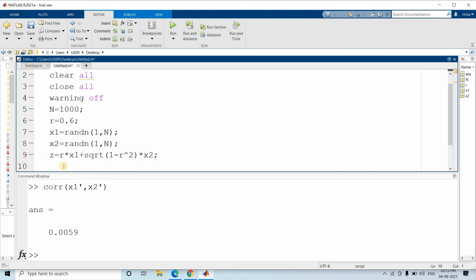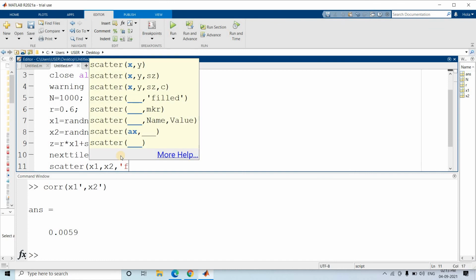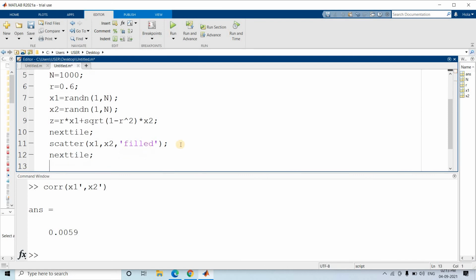Okay, we'll test it. Next tile we can give, and then here let us do a scatter plot first. Scatter plot of x1 comma x2, and I want this scatter plot with filled circles. Then another next tile; I will simply copy this and write x1 and z.